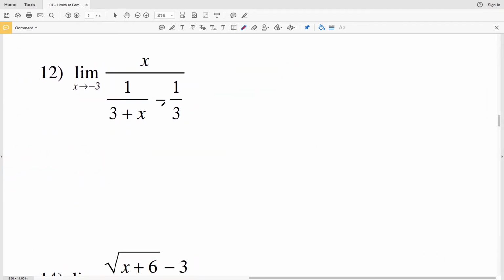Again, we're going to start by finding the common denominator, but this time we're finding the common denominator among the denominators. So I'll have x all over 1 over 3 plus x will get multiplied by 3 over 3. So 3 over 3 times 1 over 3 plus x minus 1/3 will get multiplied by 3 plus x over 3 plus x.